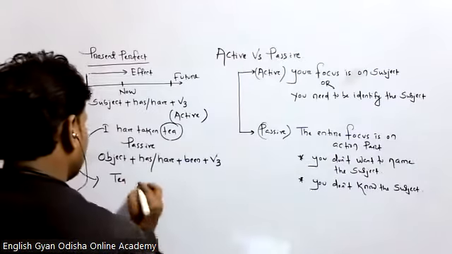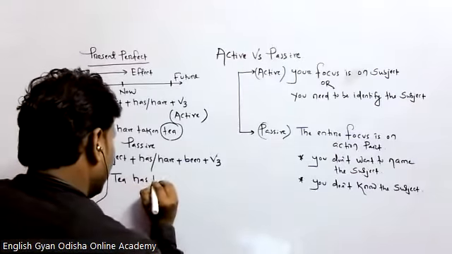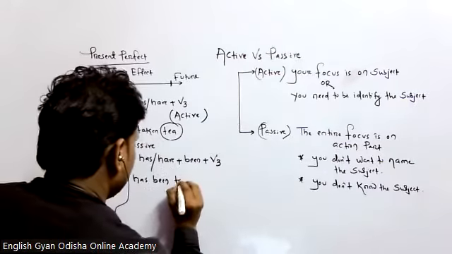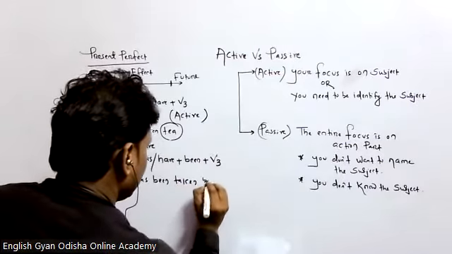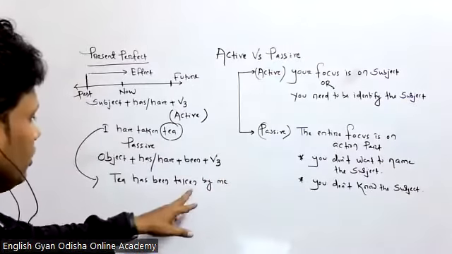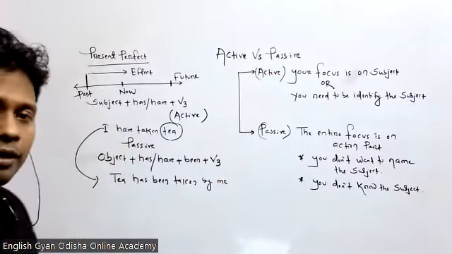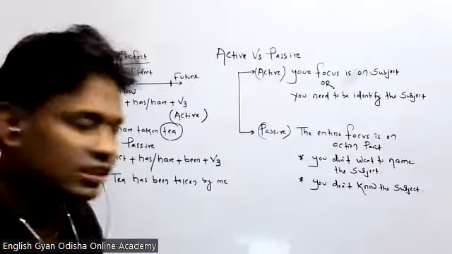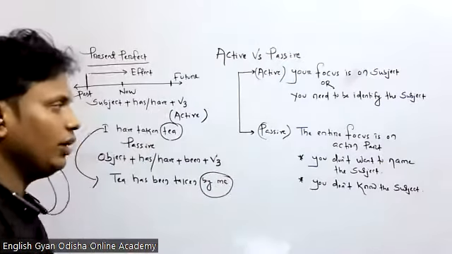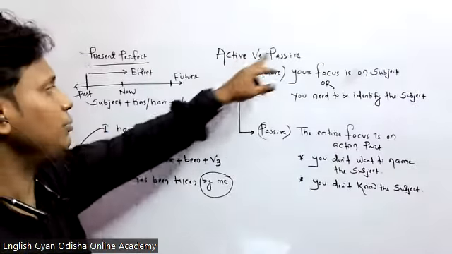You can say, tea has been taken, V3: take, took, taken. Taken by me. This is the usual active to passive. But what I already informed you, my friends, don't use by me whenever you are trying to change active to passive.